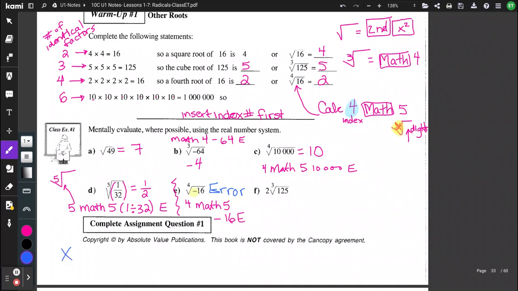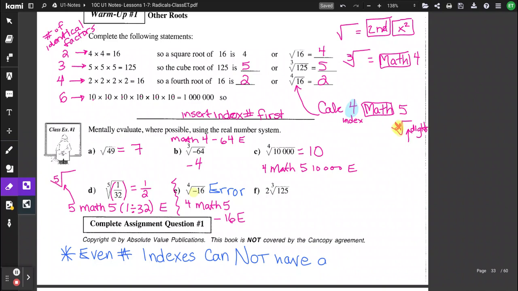So we're going to make that note. So even number indexes cannot have a negative sign under the root.